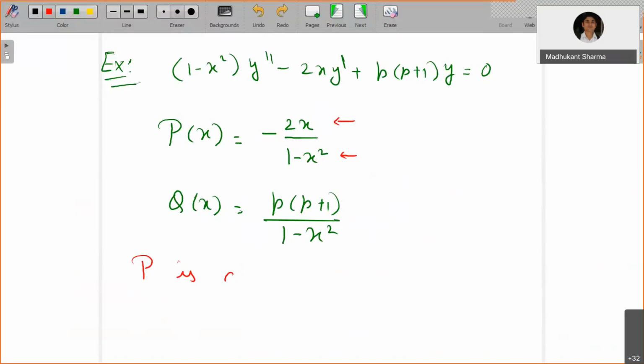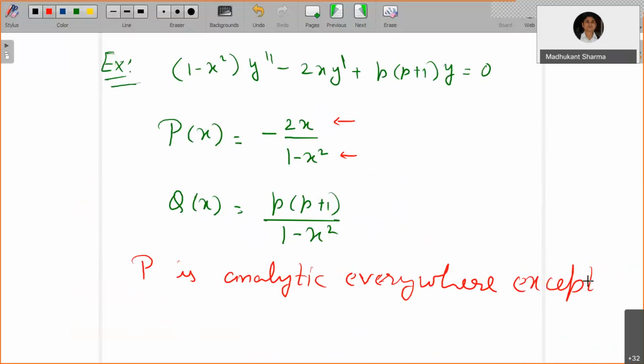So p is analytic everywhere except at plus minus 1, meaning where 1 minus x square equals 0, that is x equals plus minus 1.